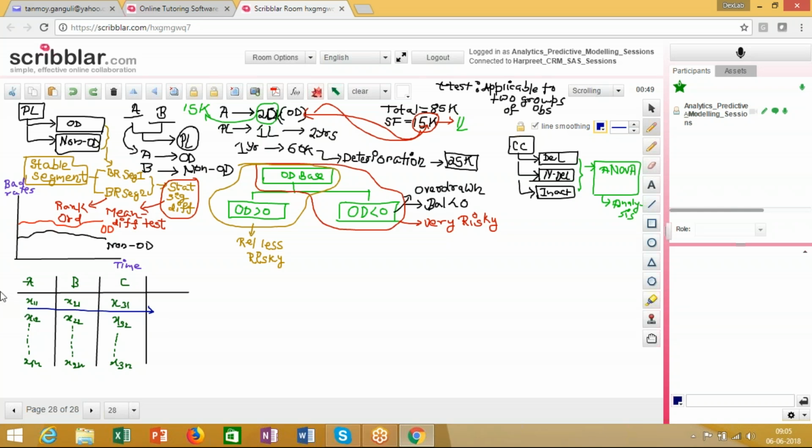But within the groups, if they are so homogeneous, then as you move within the group, the variations would not be changing very rapidly, because within the group the observations are more or less homogeneous, and across the group the observations are very heterogeneous in nature.